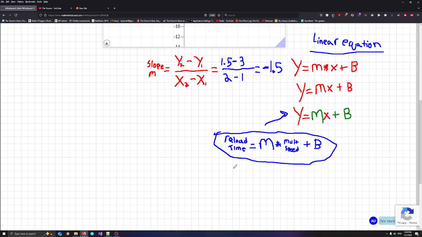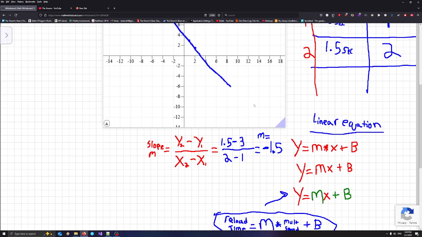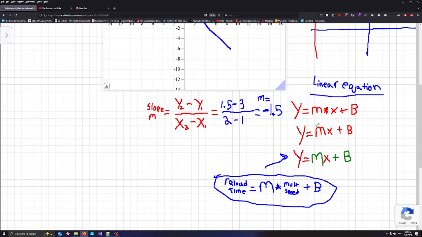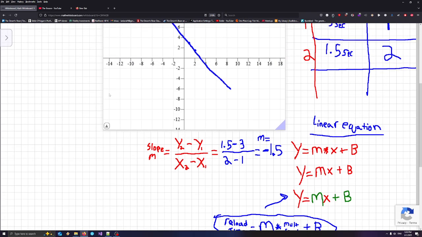And we can put that now in our linear equation. So now we have m equals negative 1.5. So let's rewrite that over here.